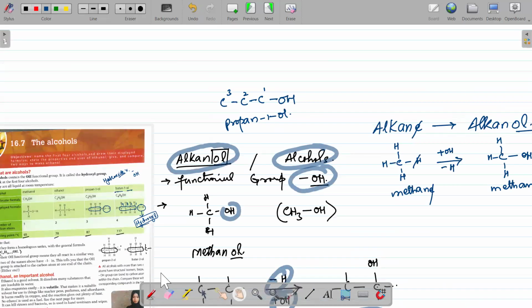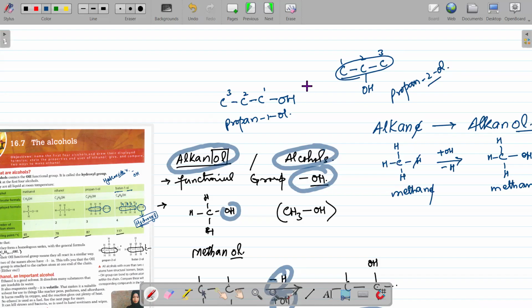Similar to this, this compound is also possible, because that is our longest chain of carbon atoms. So what should be the name of this one? That is propan-2-ol. Exactly.